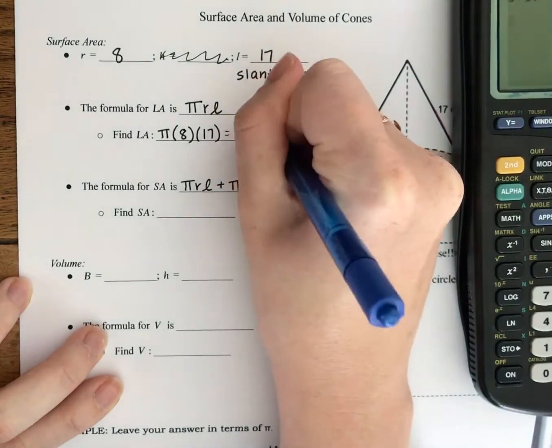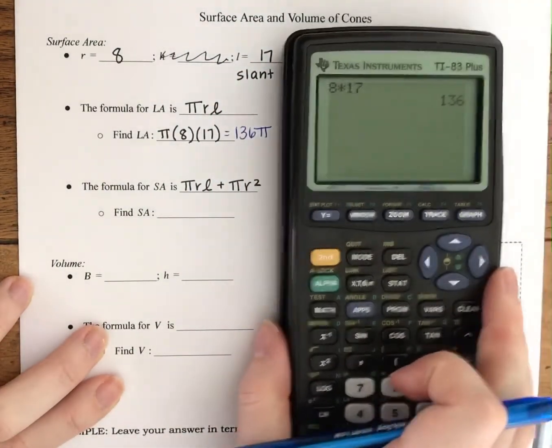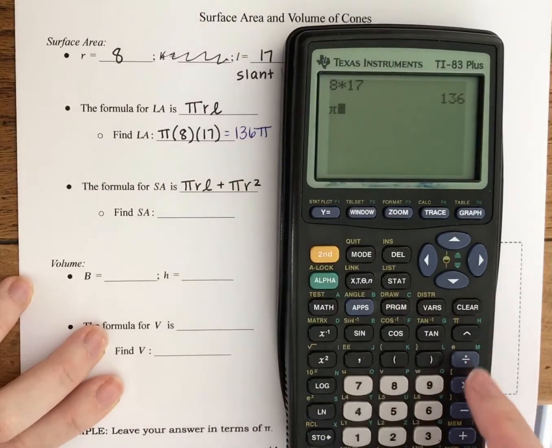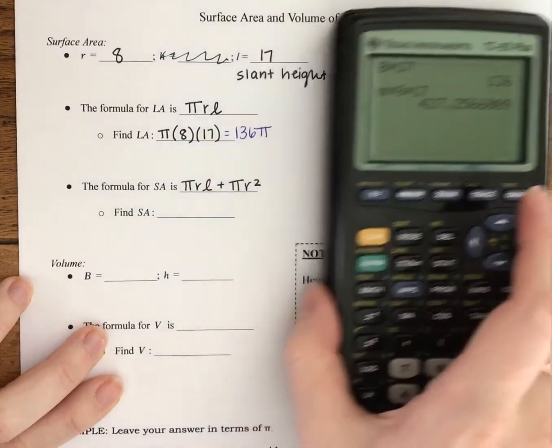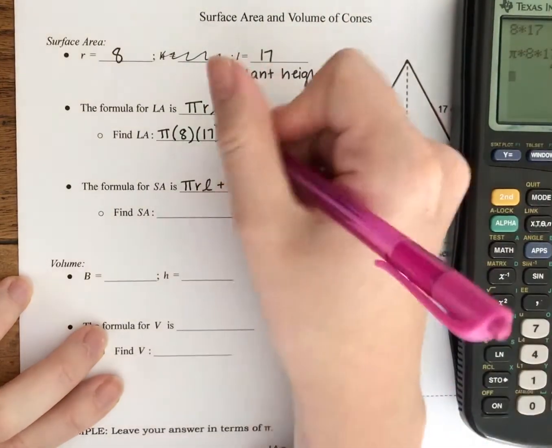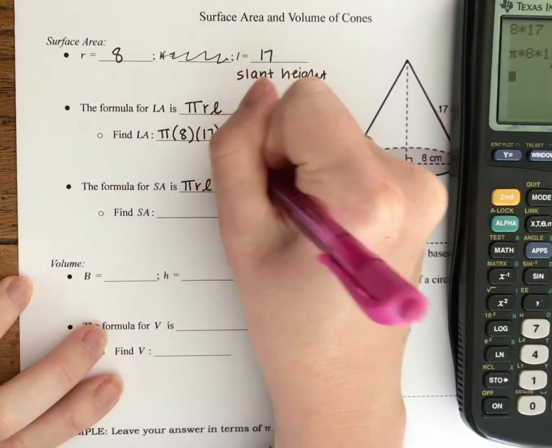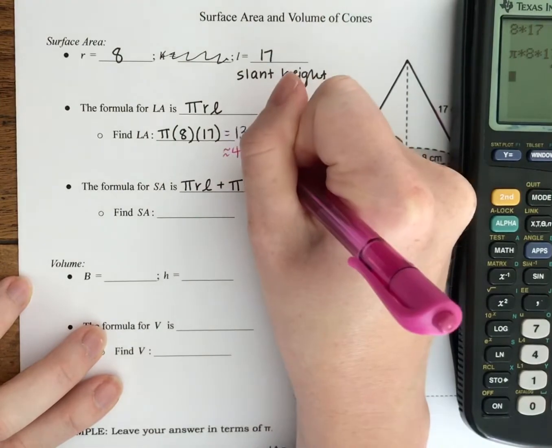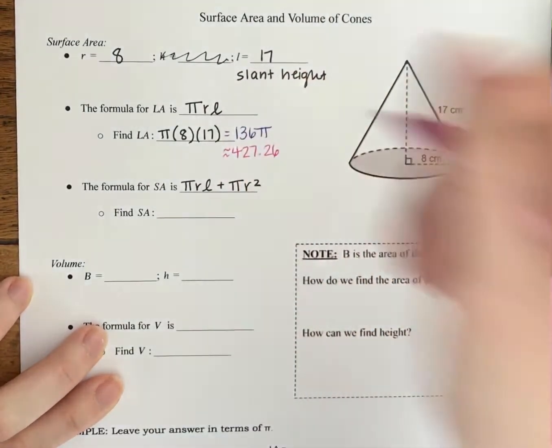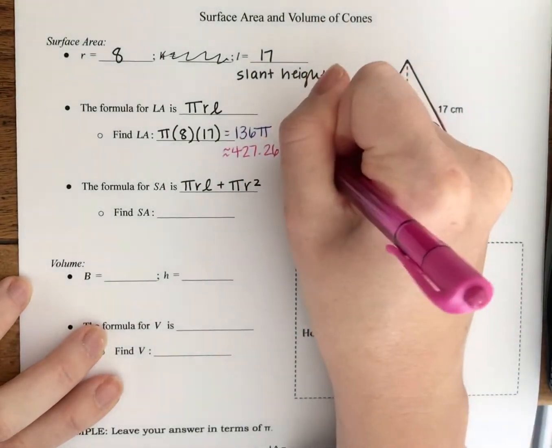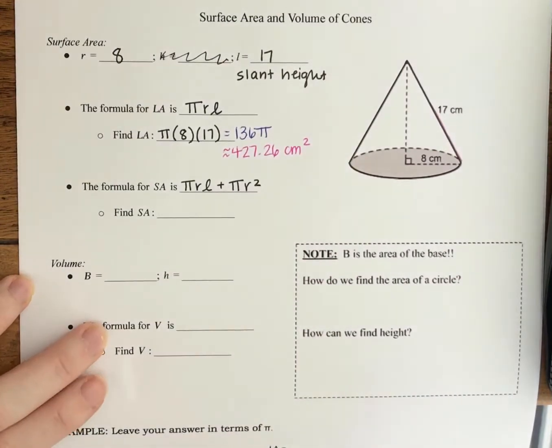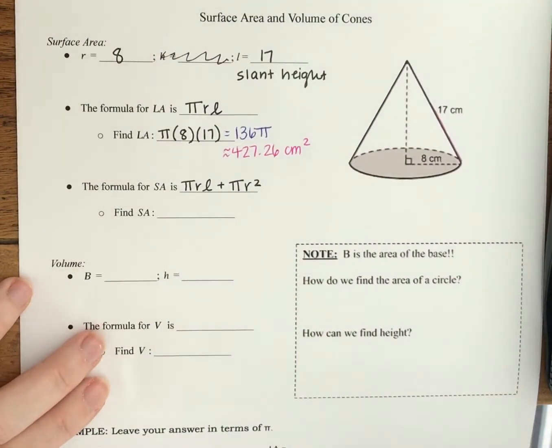And then if we needed the entire thing, pi times 8 times 17 is approximately 427.26 centimeters squared, since this is area, okay?